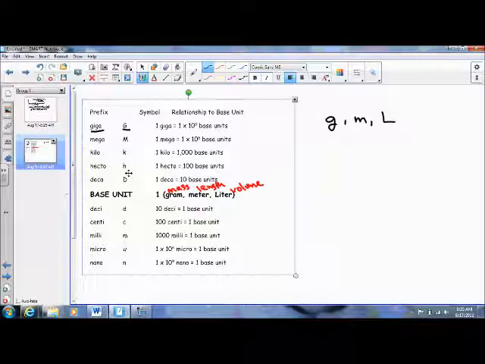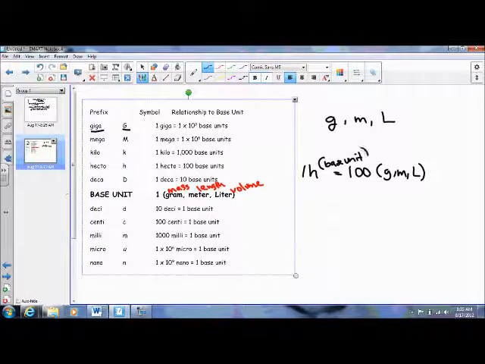So for example, if we take a look here, it says hecto, and it says 1 hecto equals 100 base units. So if I was working with a problem with hecto, I'd have 1 hecto equals 100 G or M or L. Okay, I would also need to have a base unit here next to the H. So let's say I was solving a problem and it was talking about hectometers.